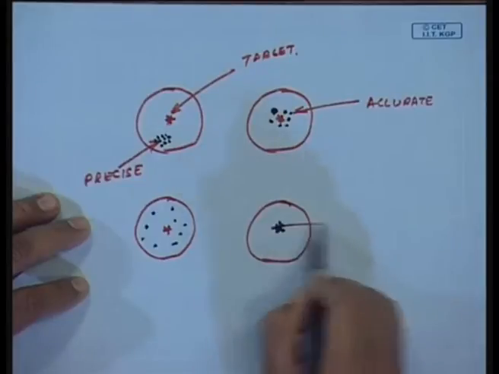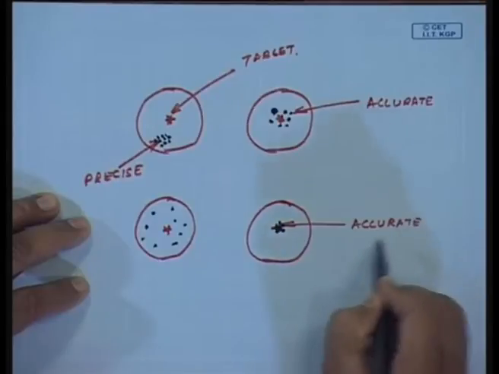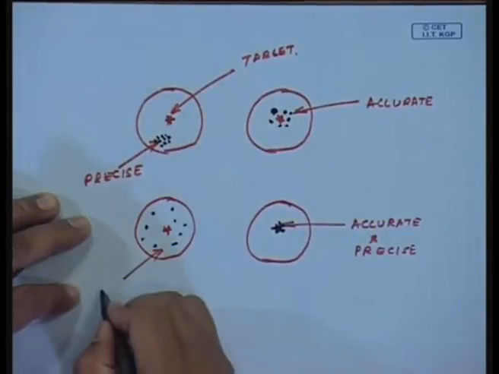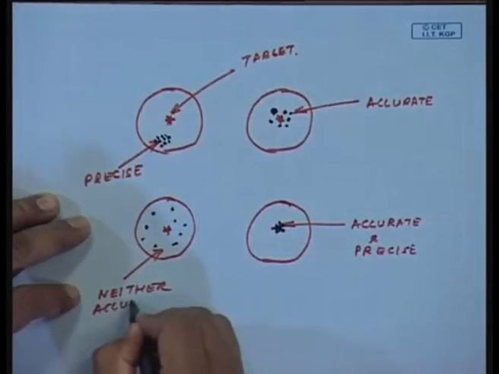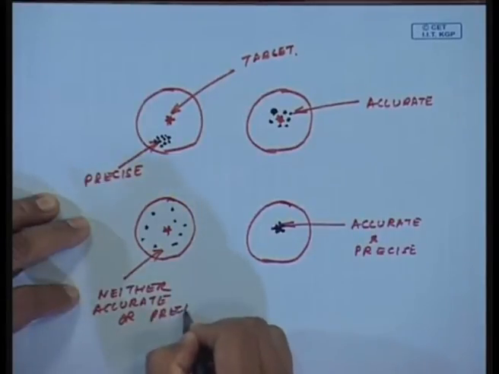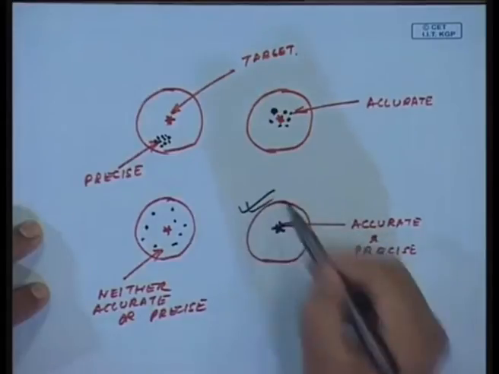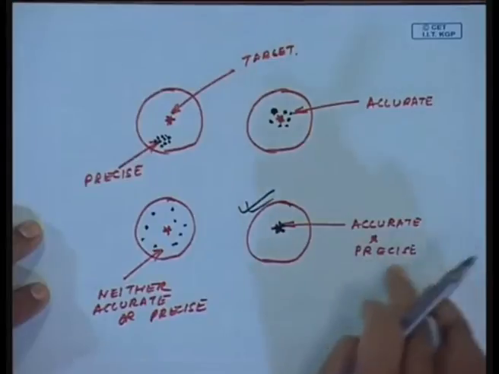In this case, I am both accurate and precise, and in this I am neither accurate nor precise. Okay. The best would be this kind of instrument, wherein I always measure accurately and precisely.